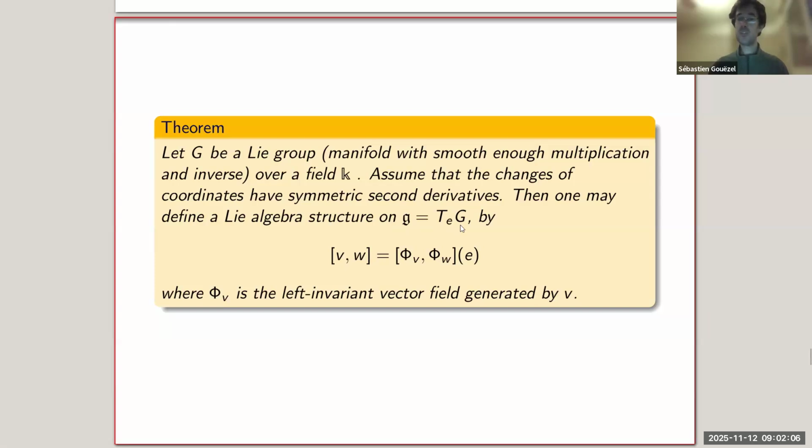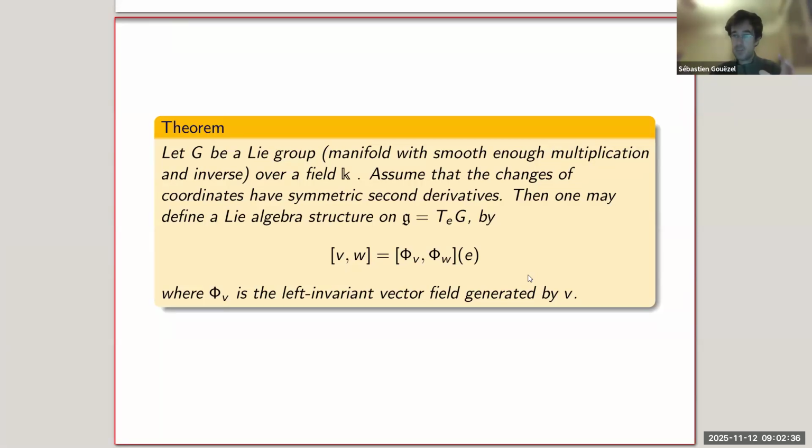You look at the tangent space to your group at the identity, call it 𝔤, and then I define a bracket on this tangent space in the following way. You take two vectors in your tangent space, V and W. You extend these to left invariant vector fields by pushing them by left multiplication under elements of the group. This gives you two vector fields on the whole Lie group.